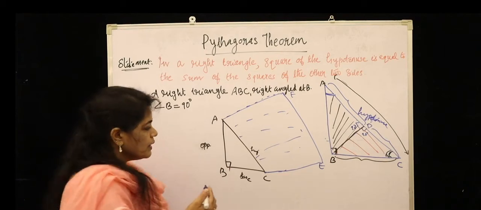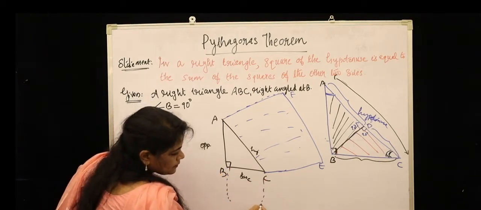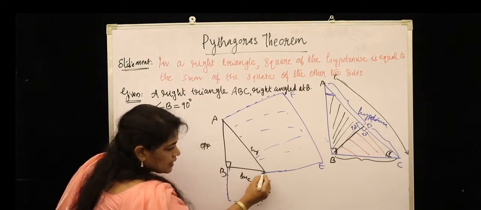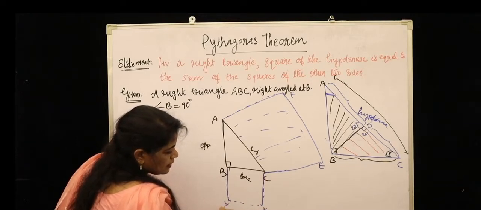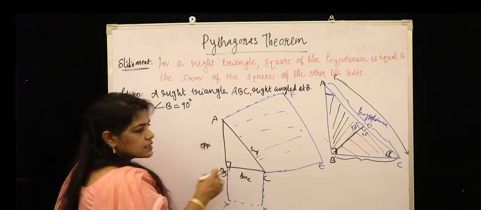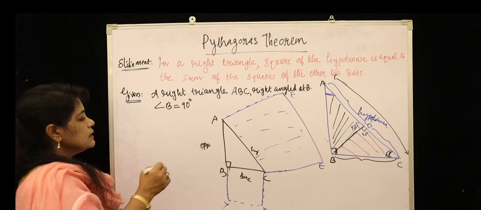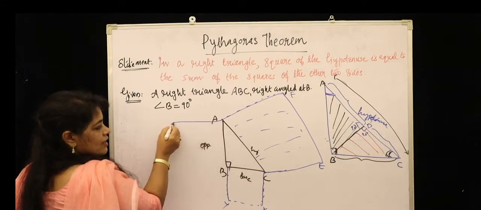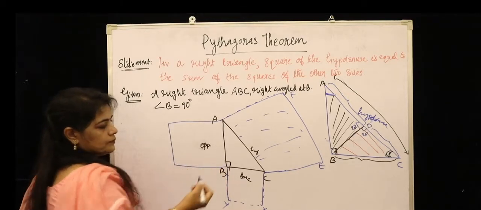That means I have to make one more square here on the base, that is BC, XY. Okay, so we have the second square, and here I am drawing the third square on AB. By taking AB as a side, we have another square.